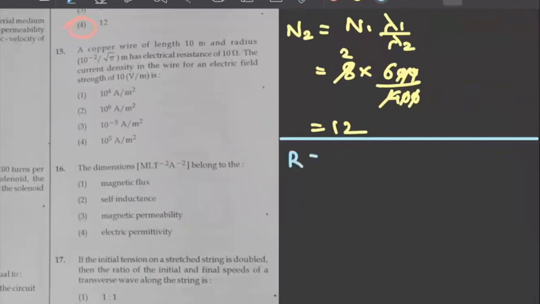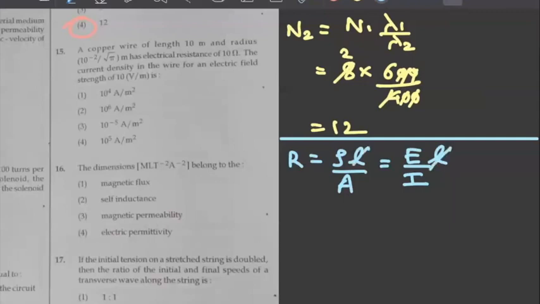We know R is rho L by A. We also know R is V by I. Now using the relationship between electric field intensity and potential, field intensity is Q by R square and potential is Q by R. So if I multiply the field, which is E, into distance, that will give me V. So this V can be written as E times L, since the electric field is over a distance L.